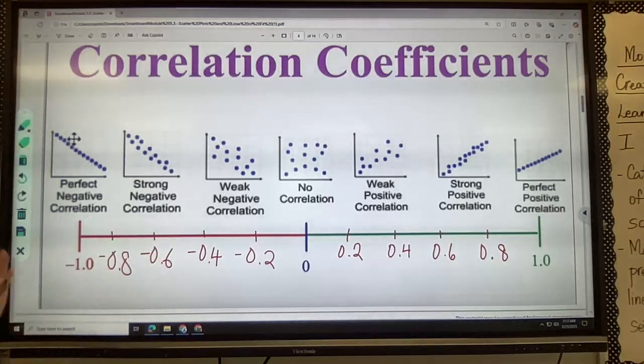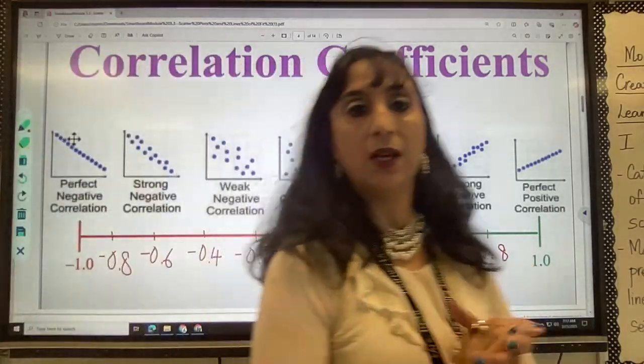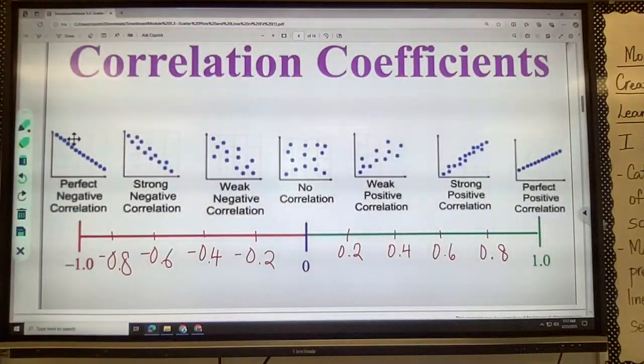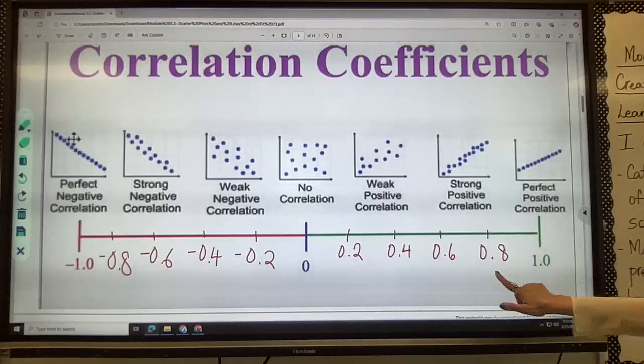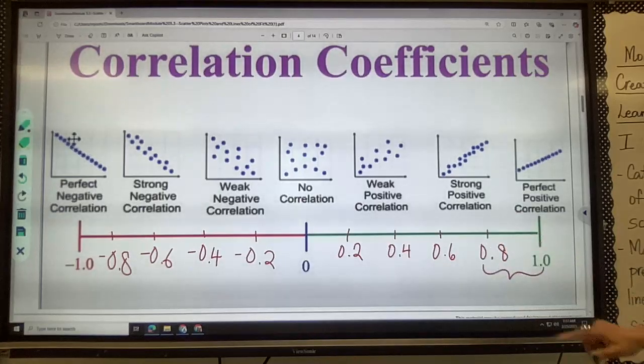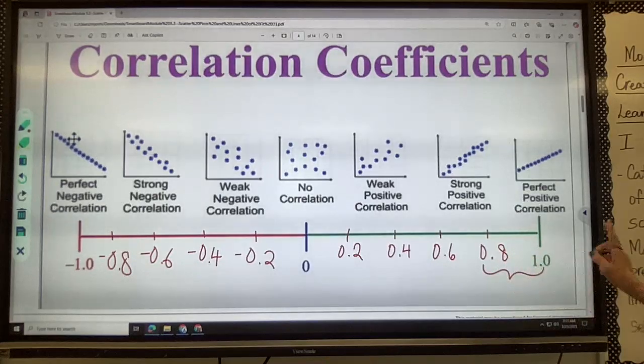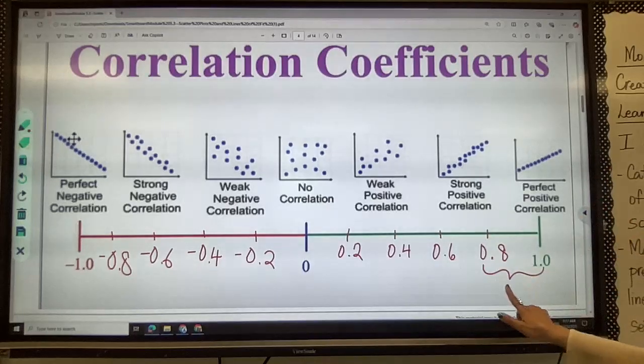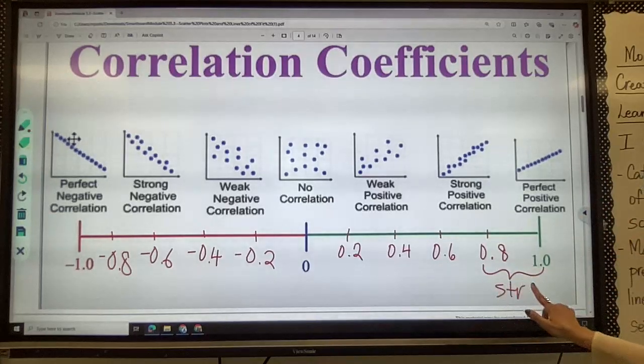So I need to understand that it is going to be strong if it's above 8/10 to 1. This is a strong correlation coefficient.